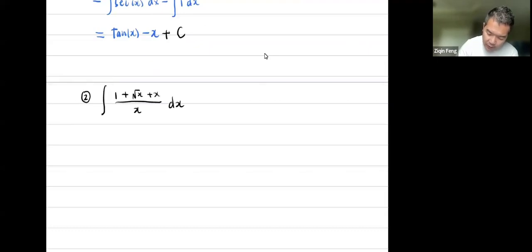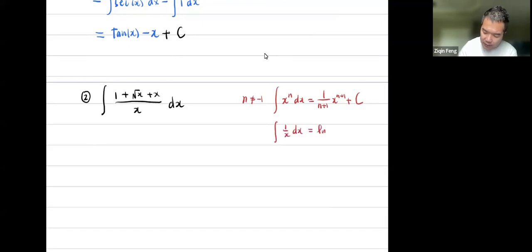If you have n different from -1, the integral of x to the n dx is always 1 over n plus 1 times x to the n plus 1, plus a constant, right? And the other one is if you have n equal to -1, which means x to the n is 1 over x dx. So this is the natural log of the absolute value of x, plus a constant, right?